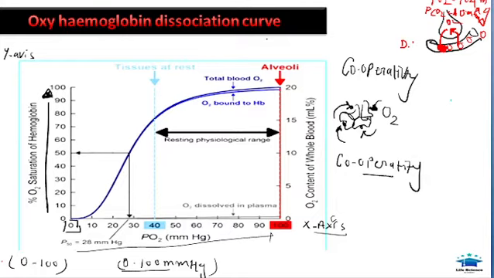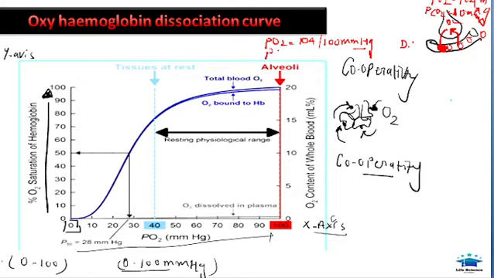Remember, in the alveoli the pressure of oxygen will be 104. Here we have written 100 mmHg. This value varies from book to book, but this is the standardized value.